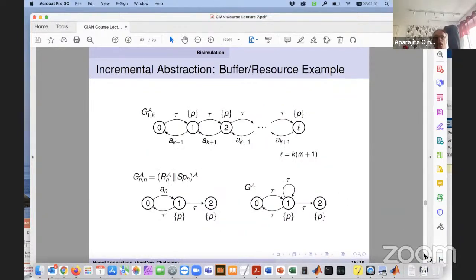Let's see. Then I can make an abstraction of the buffer and continue. And in the end, I will get this model as the final abstraction. And actually, let's say that this is the absolutely final abstraction. And it's interesting. It includes 3 states. One where you can loop around without any problems.